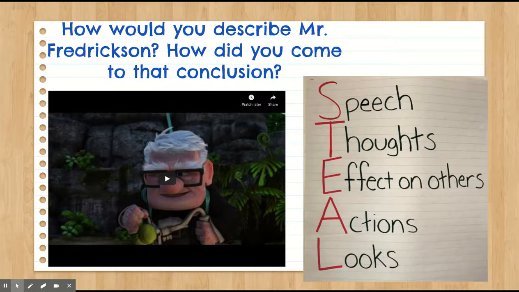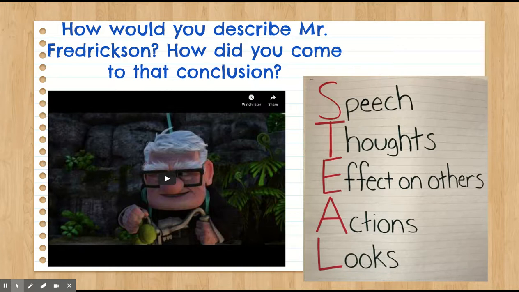Okay, so from the video, we want you to be able to describe him completely. So when we think about his speech, you might have said to yourself, he's not very nice when he speaks to the other characters, right? He's kind of grouchy. His thoughts, again, he has a negative aspect on things, saying, well, we're never going to get there. Okay, effect on others.